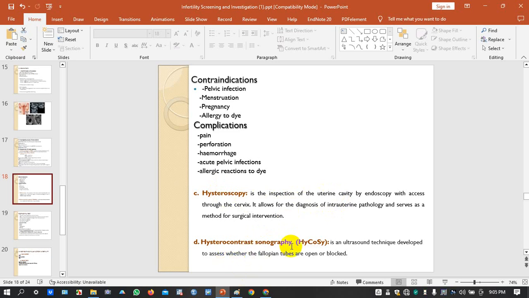Hysterocontrast sonography is an ultrasound technique developed to assess whether the fallopian tubes are open or blocked. With this one too, you take a contrast dye. If you are going to take that dye, your kidney function test should be good, because if your kidneys or your liver are not working well, you cannot take such dyes, which are very radioactive and can destroy you.